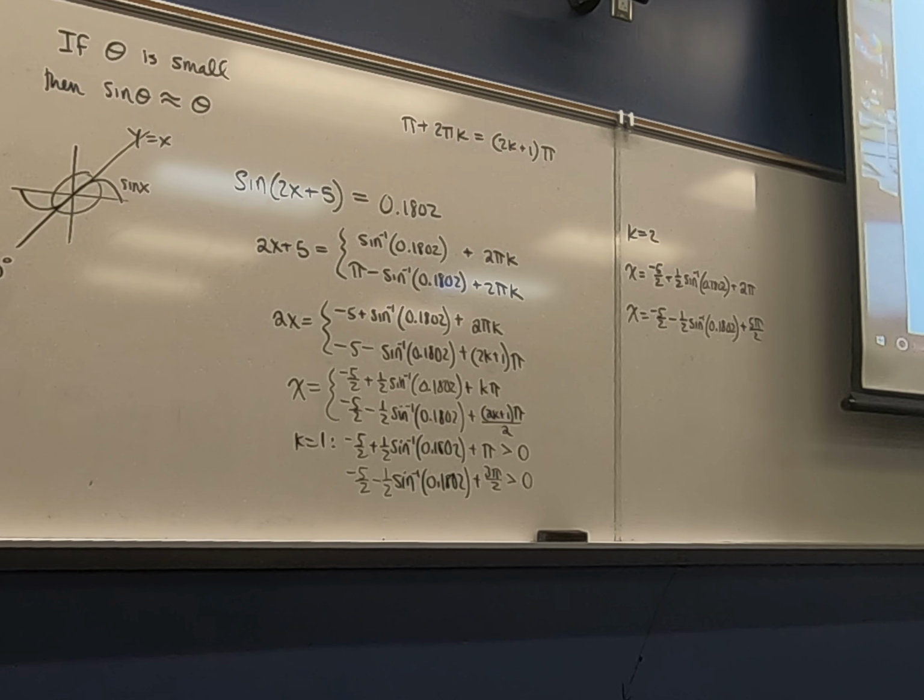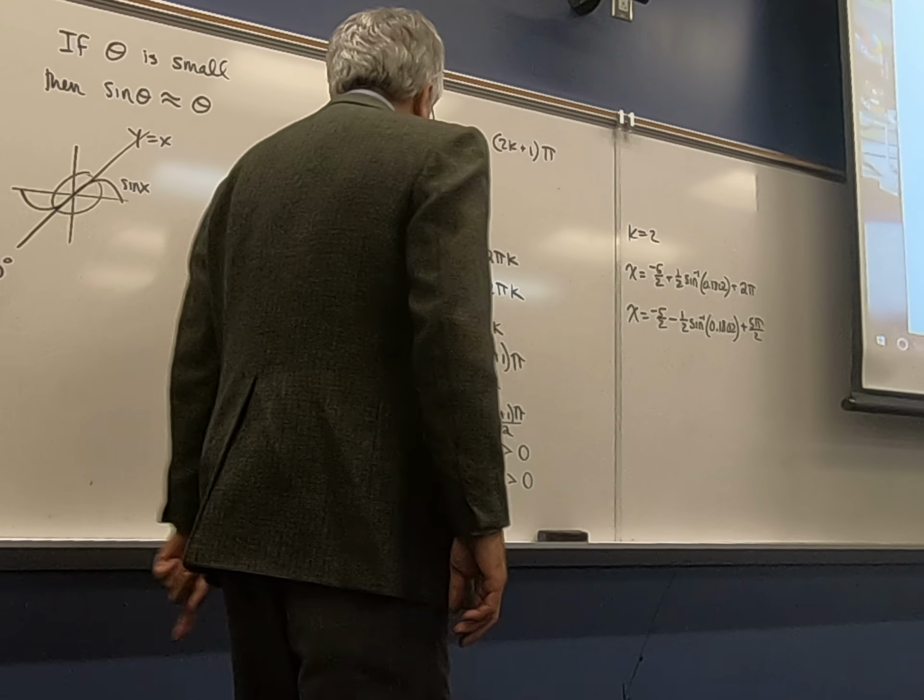Okay, so let's go ahead, we want to compute this, huh? So negative 2.5 plus 0.5 times that. How are we doing? And then plus pi.